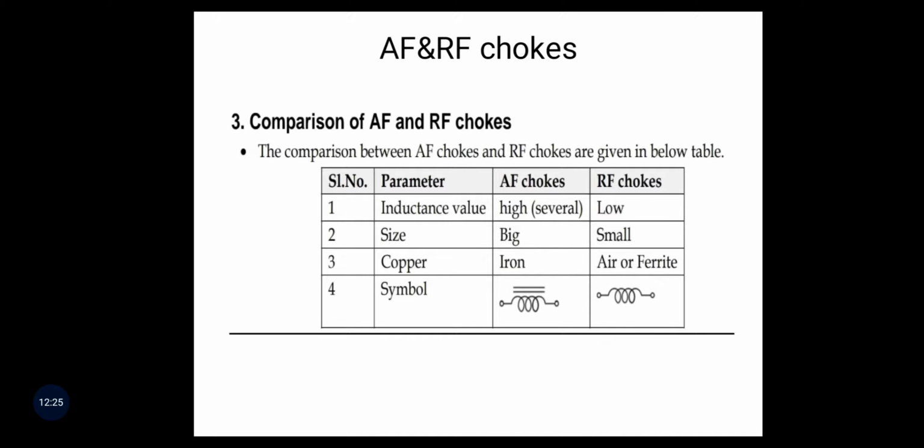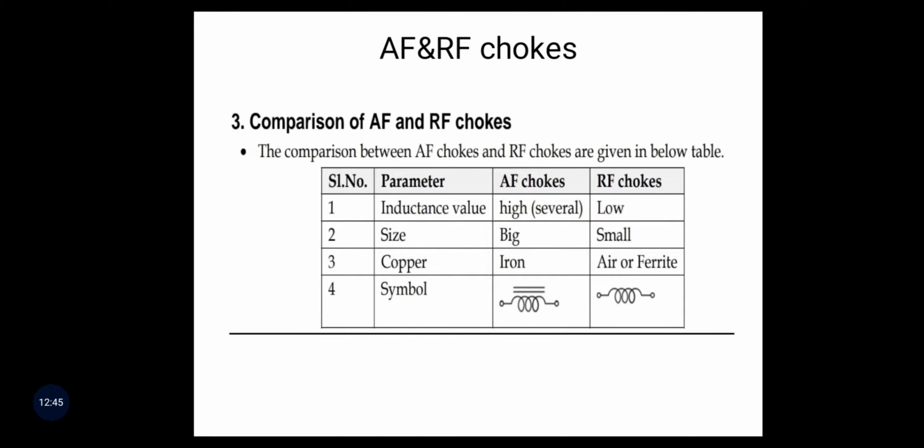The inductance value for radio frequency chokes is very low. So if you want a high inductance value, we use audio frequency chokes. For a low inductance value, we use radio frequency chokes.